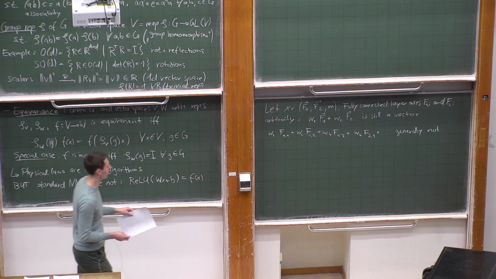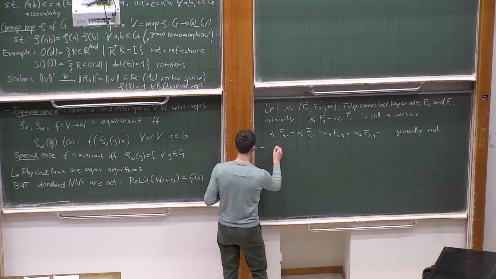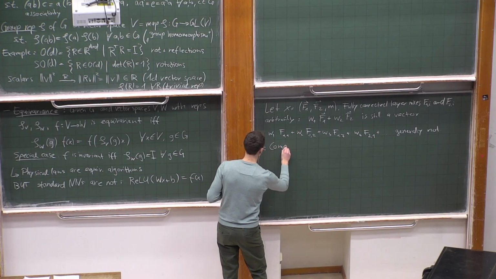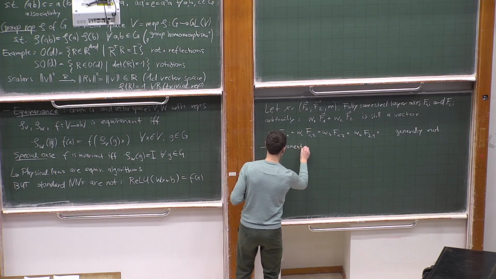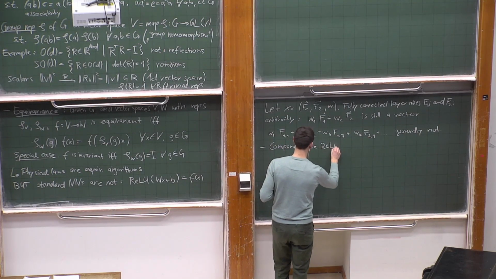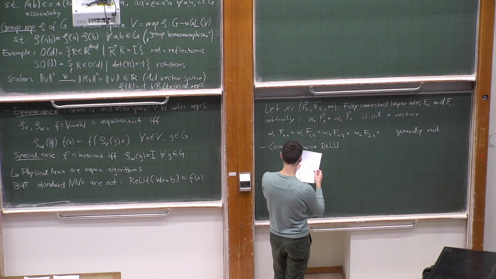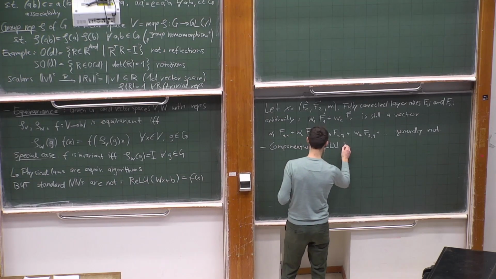Okay, I mean, one can even say one more thing, actually, namely the component-wise ReLU, this will, of course, also not preserve equivariance. Component-wise ReLU also gives problems. I'm going to sketch this in a very sloppy way.